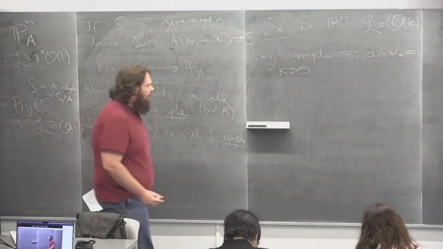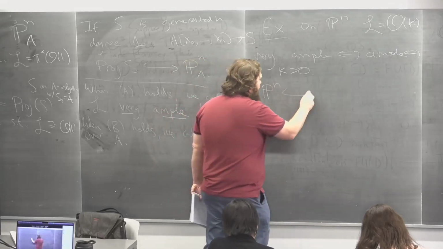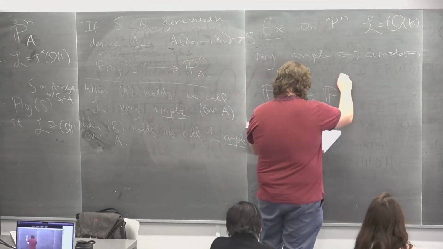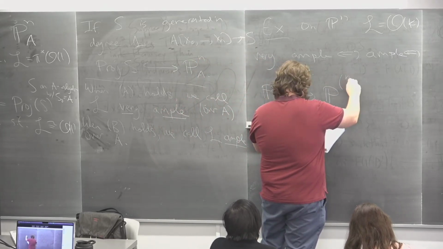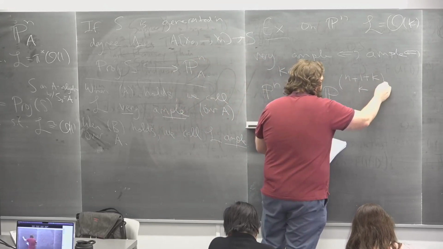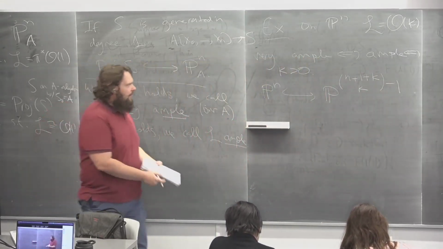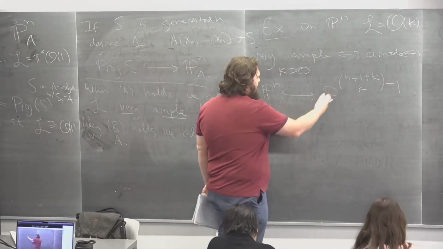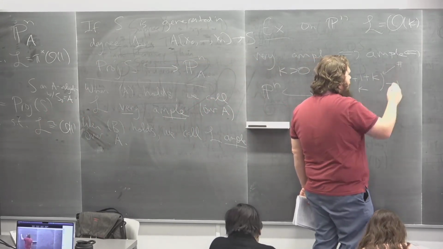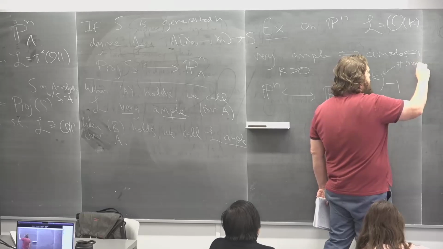So if k is positive, I get this k-uple embedding of P^n into P of n plus k choose k, minus 1. And why is this here? Because this is the number of monomials of degree k in n plus 1 variables.